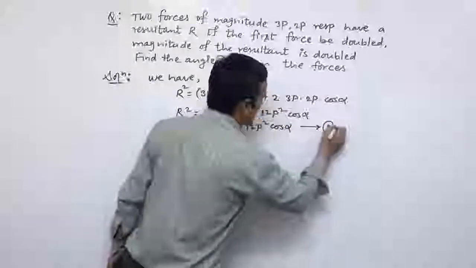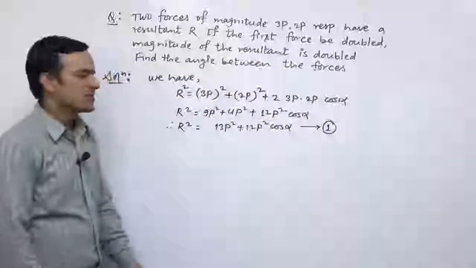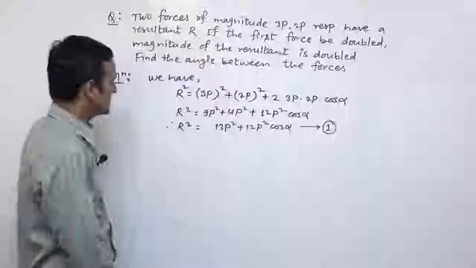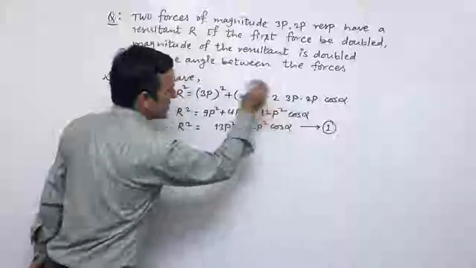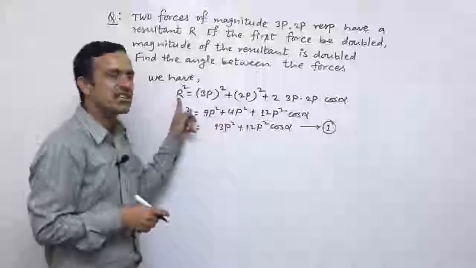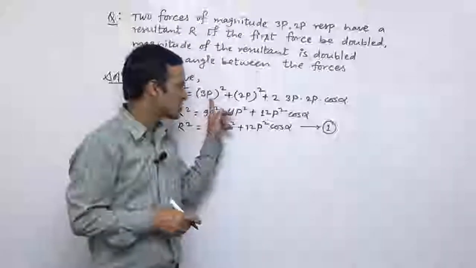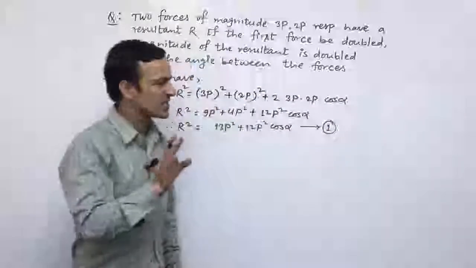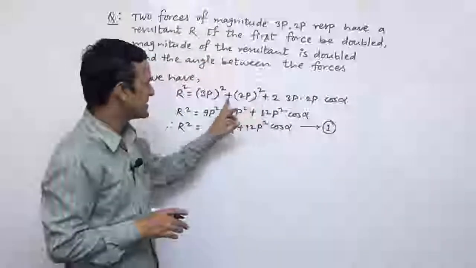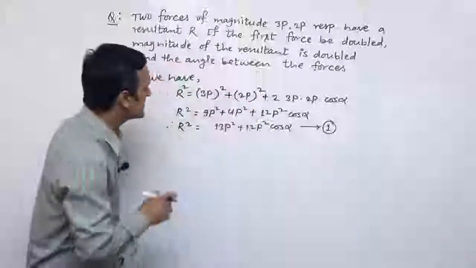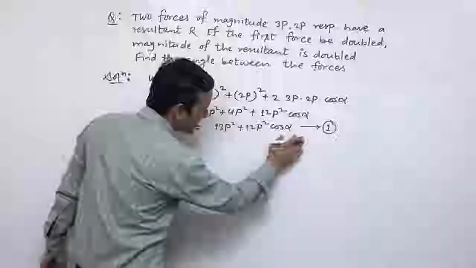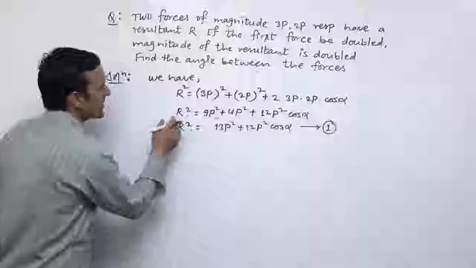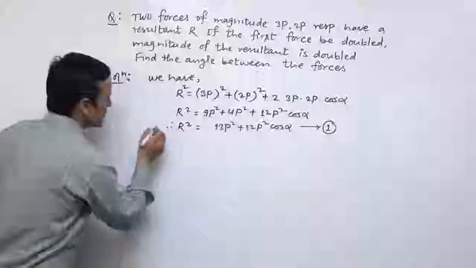So it is equation 1. So this is equation 1 from this condition. Actually this is R square is equal to P square plus Q square plus 2PQ cos alpha. So this is the main formula, which can be written like this. And from this we can deduce this equation by arranging the like terms together.